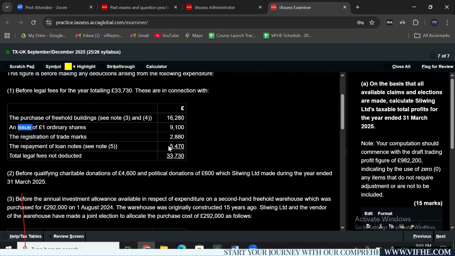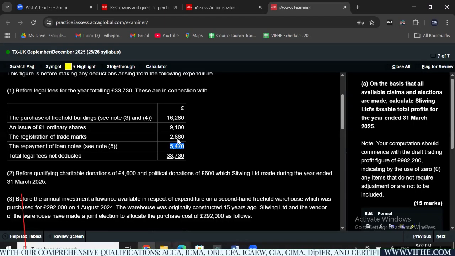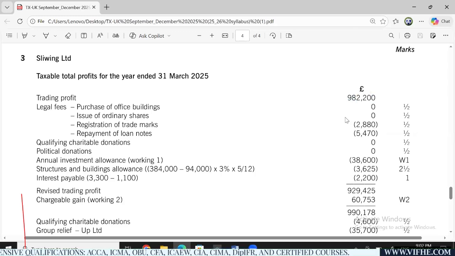The legal fee, as the loan is being acquired for trading purpose, if it is being repaid, even if that was a trading loan, so this 5470 is deductible. So 2880 and 5470 is deductible. Let me just show you the solution till now. Okay, that's the point. 982200 is the value of our draft trading profit figure.